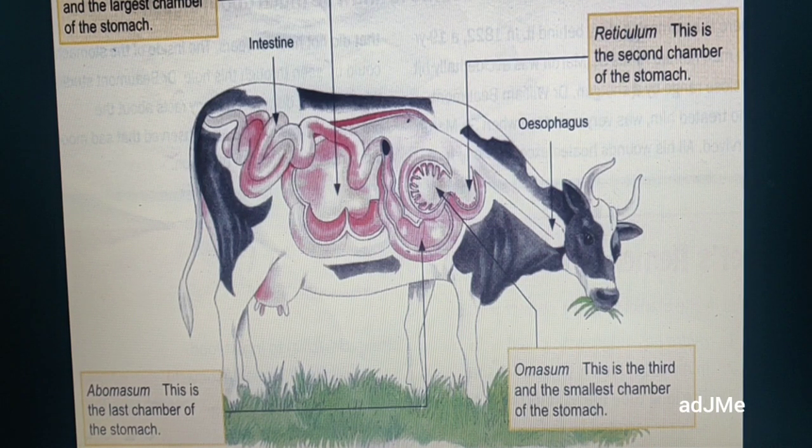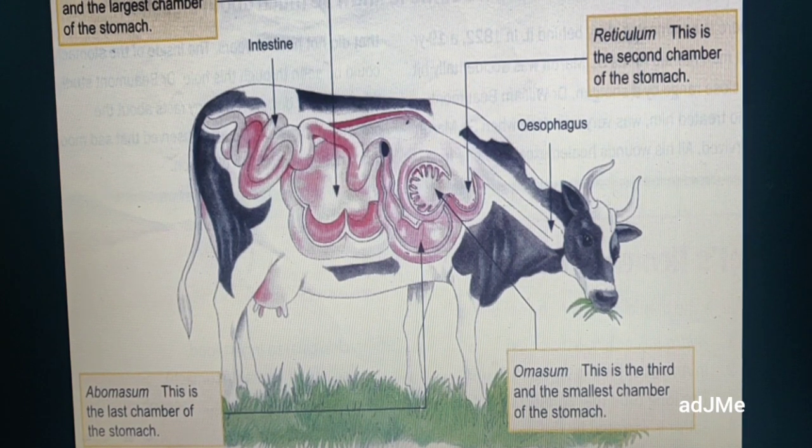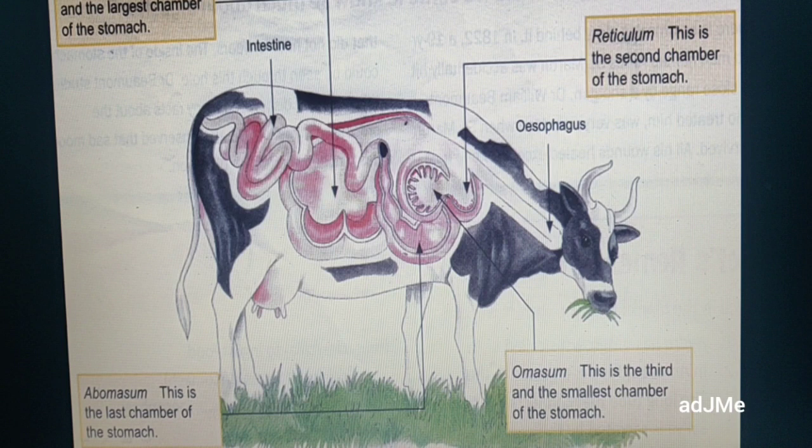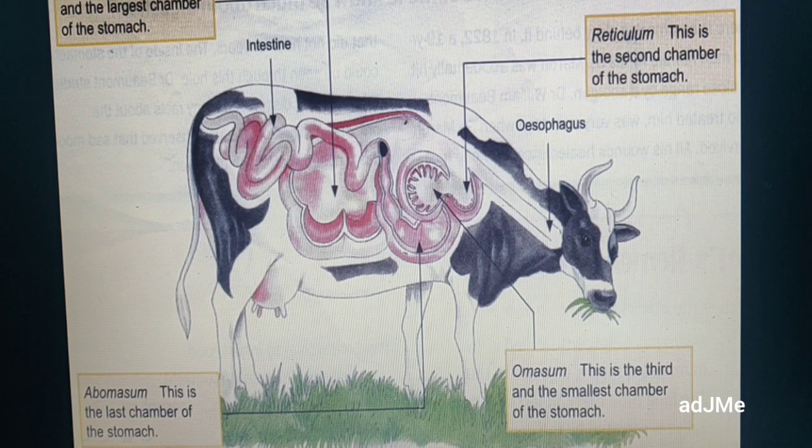Now from the reticulum that food is brought back to the mouth, and this is called cud. The undigested food is called cud. This is further chewed by the animal. This is another special characteristic of cattle or ruminants. You might have seen in many places a cow sitting aside, and in Tamil they say asai podrathu.